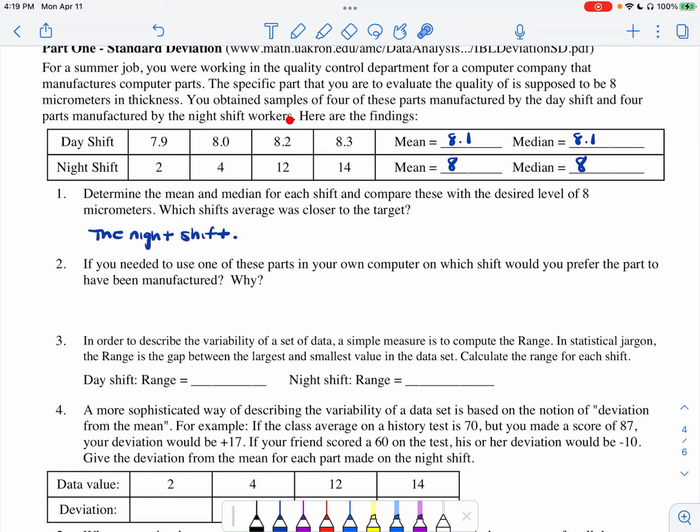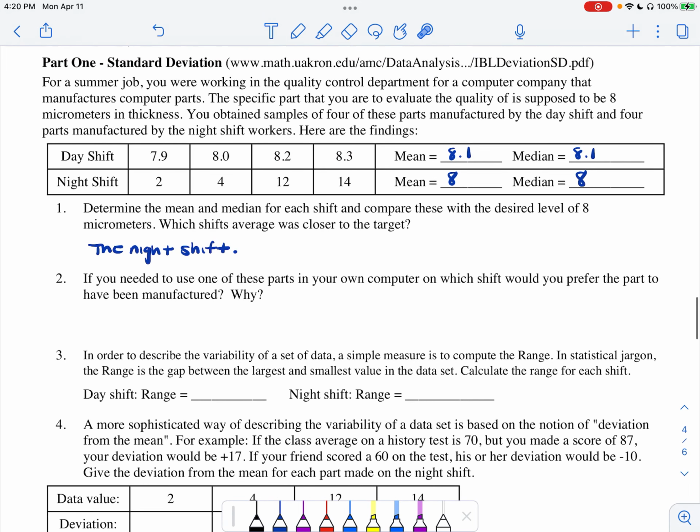Whereas if you look at the day shift, although their average was a little bit further off, all of the numbers themselves are really close to 8. So I would personally go with the day shift because their computer parts are a lot more consistent and each of them individually is going to be a lot closer to the 8 micrometers that we're looking for.